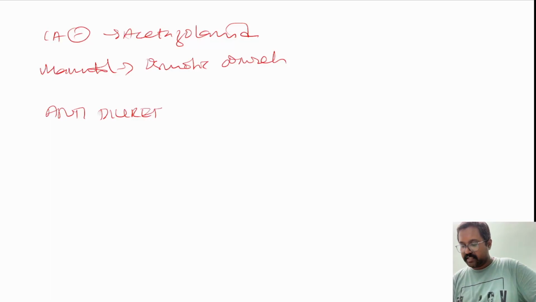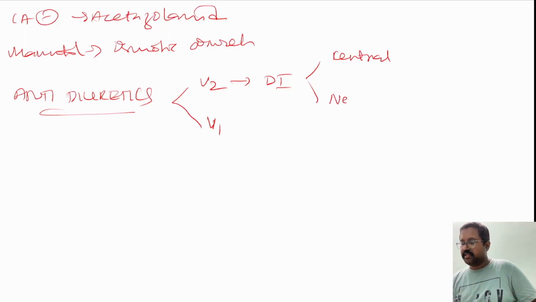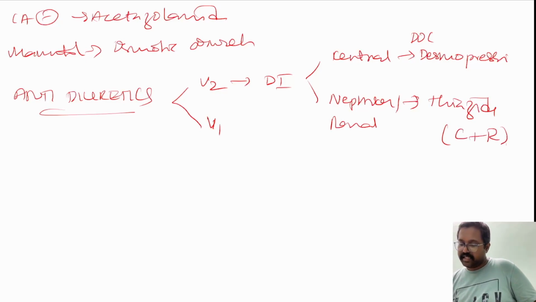We have antidiuretic agents, with V2 receptor mediated action and V1 mediated action. V2 receptor is related to diabetes insipidus, and diabetes insipidus can be central or nephrogenic, that is renal. For central diabetes insipidus the drug of choice is desmopressin, and for nephrogenic or renal you have thiazide.